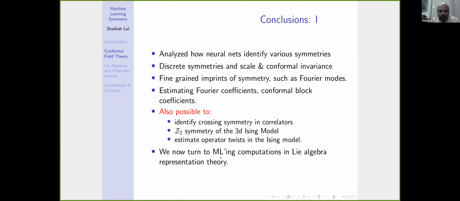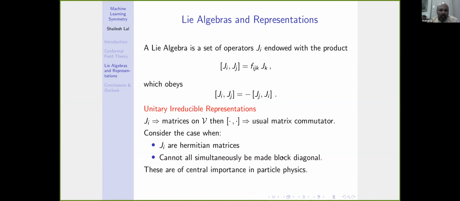And now what I'd like to talk to you about is machine learning computations in representation theory. Since this is a conversation, I thought it's good to start at the beginning. A Lie algebra is essentially a set of operators that are endowed with this product, which obeys this anti-symmetry property.